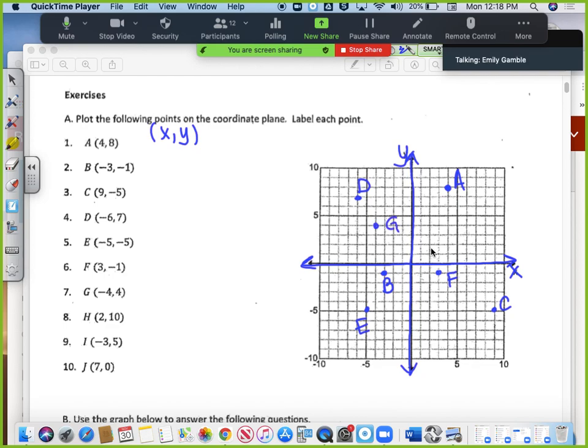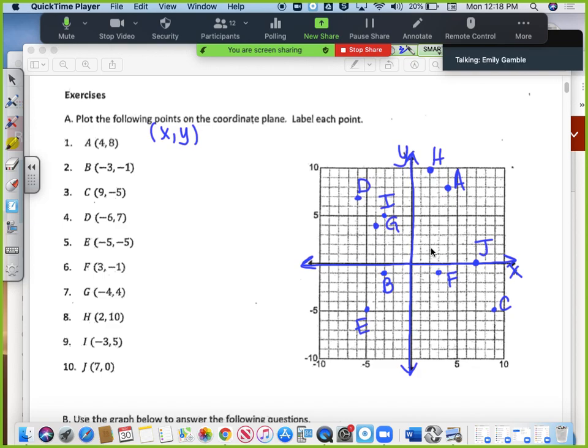For point H, you'll go to the right 2 and up 10. For point I, you would go to the left 3 and up 5. And then for the last one, J, you would go to the right 7, and you would not go up or down anything. You would just stay right there on the x-axis.